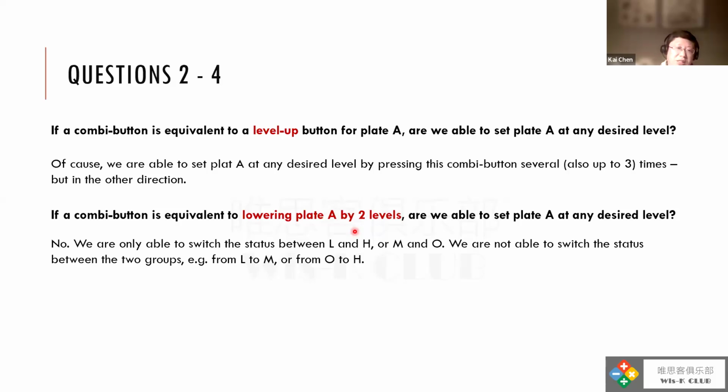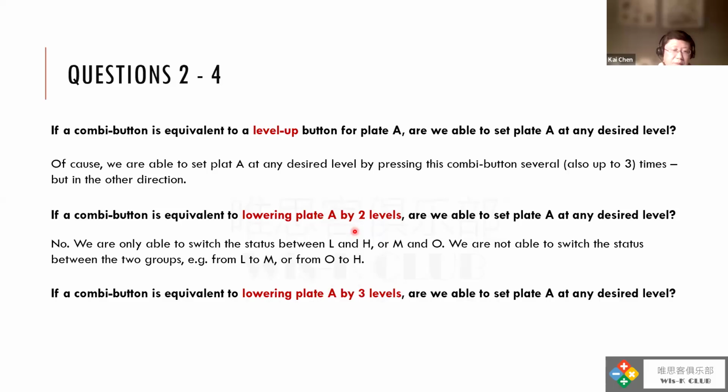For instance, we can change from 0 to 2 and 2 to 0, or we can change from 1 to 3 or 3 to 1, but we cannot jump between odd and even. So you are right, all your answers are correct. So no, we can't set plate A at any desired level if the combi button only changes it by 2.